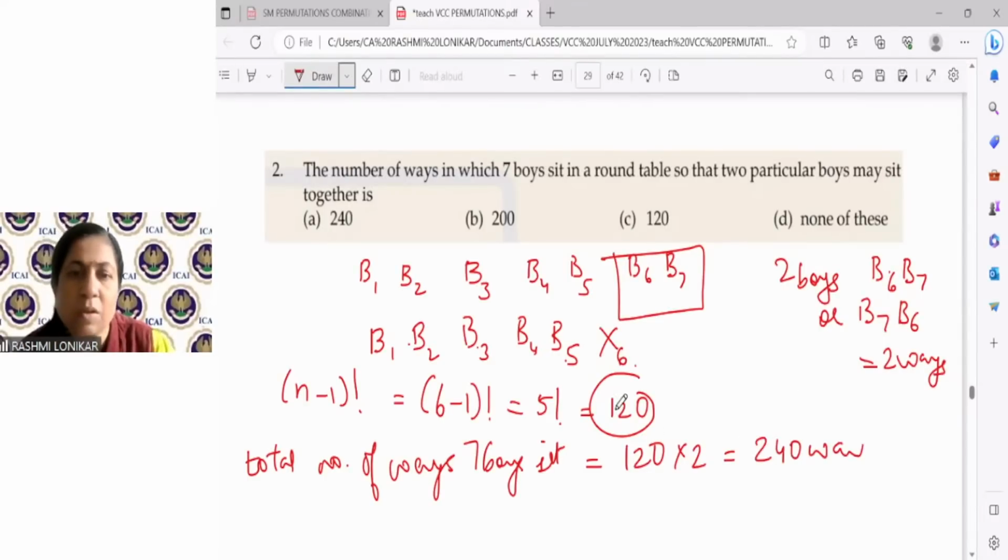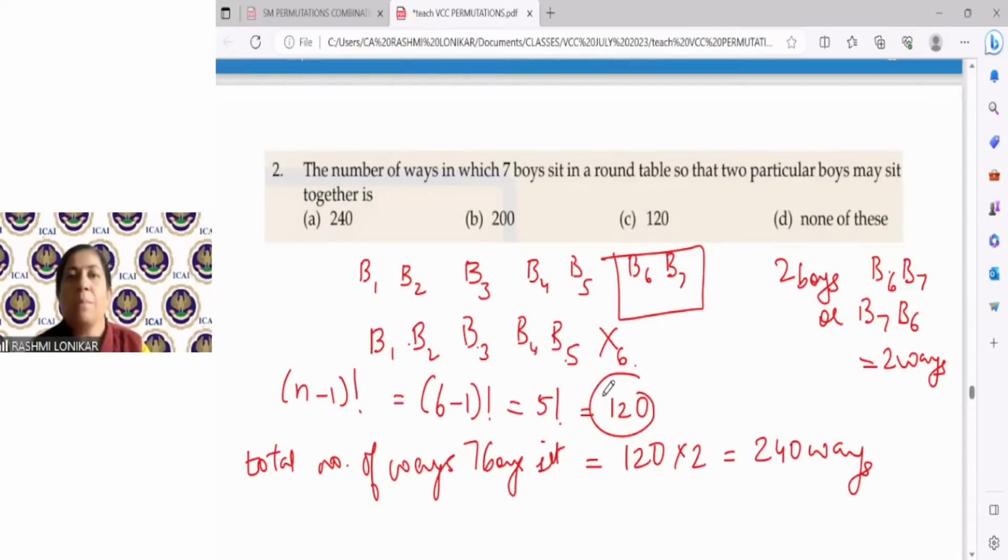Because 120 ways is how 6 boys can sit around a round table, but one of the boys is not a single boy, it is a combination of 2 boys. So these 2 boys can sit as B6, B7 or B7, B6. It is as good as one big boy sitting in the chair, but inside there are 2 boys sitting. So how many different ways can the 2 boys sit? 2 different ways. So 2 into 120, that is 240 ways.